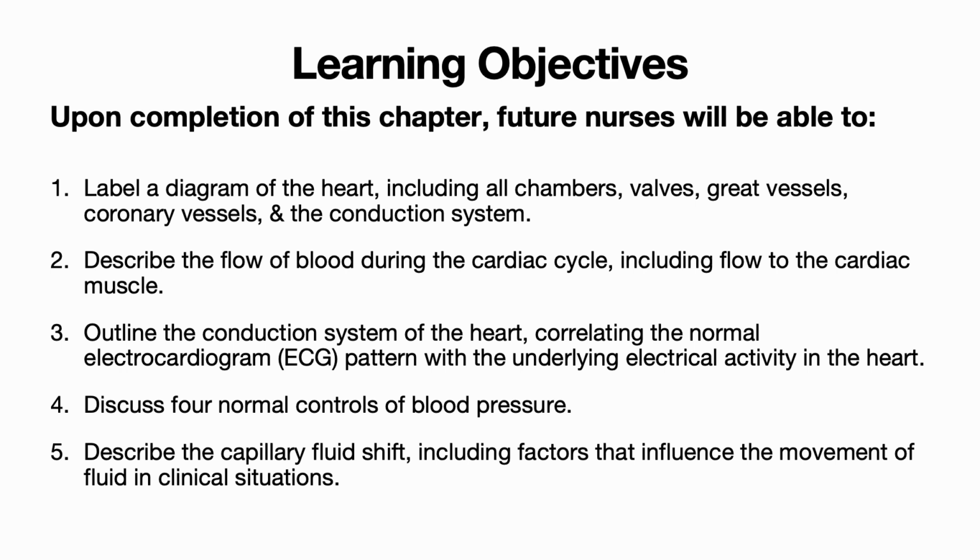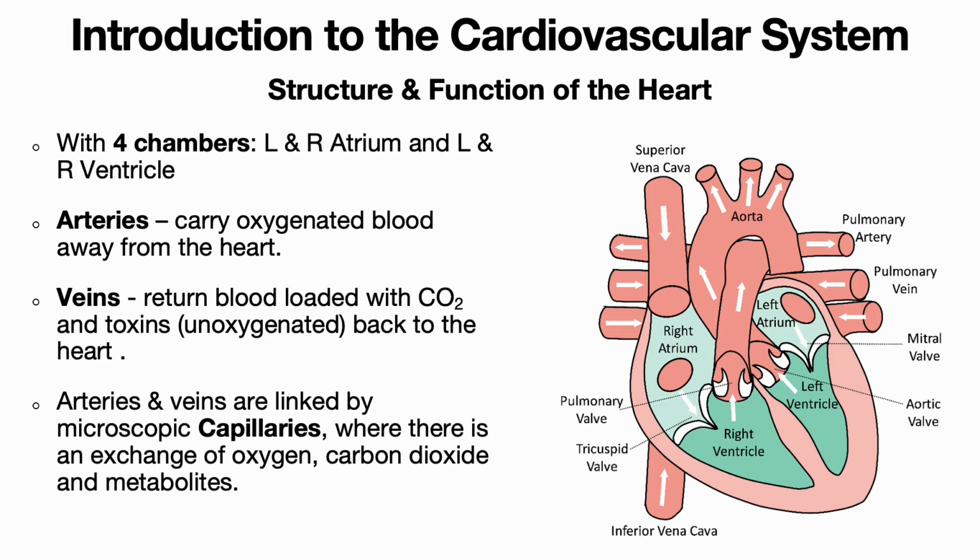Outline the conduction system of the heart, correlating the normal ECG pattern with the underlying electrical activity in the heart. Discuss 4 normal controls of blood pressure and describe the capillary fluid shift, including factors that influence the movement of fluid in clinical situations. We go first with the structure and function of the heart.